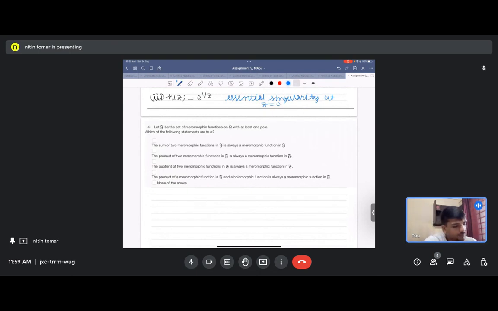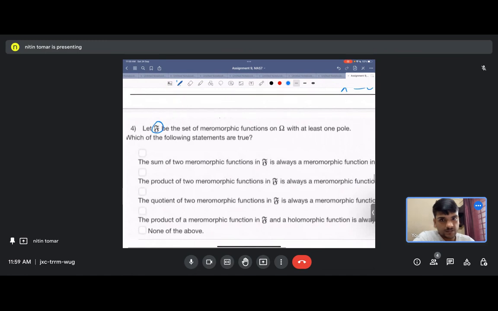Okay, just give me 10 more minutes. Now see the fourth question. This fancy T, we'll call it T. T is a set of meromorphic functions on omega with at least one pole.